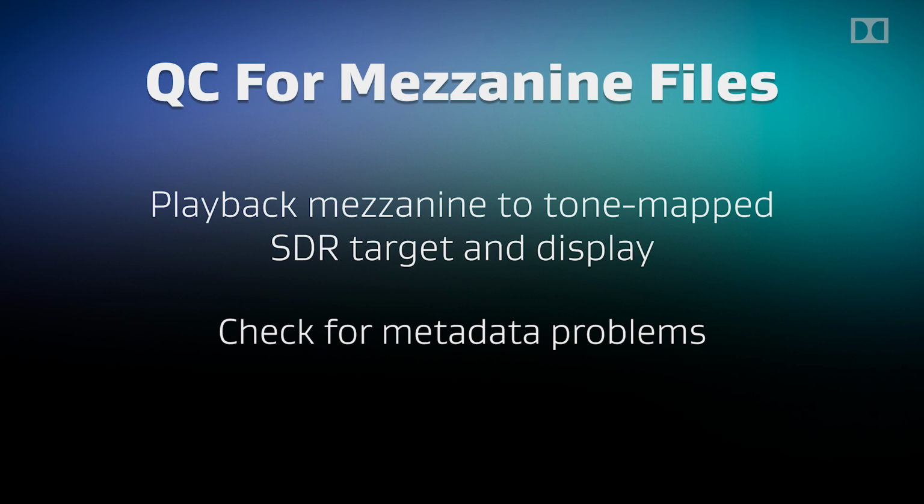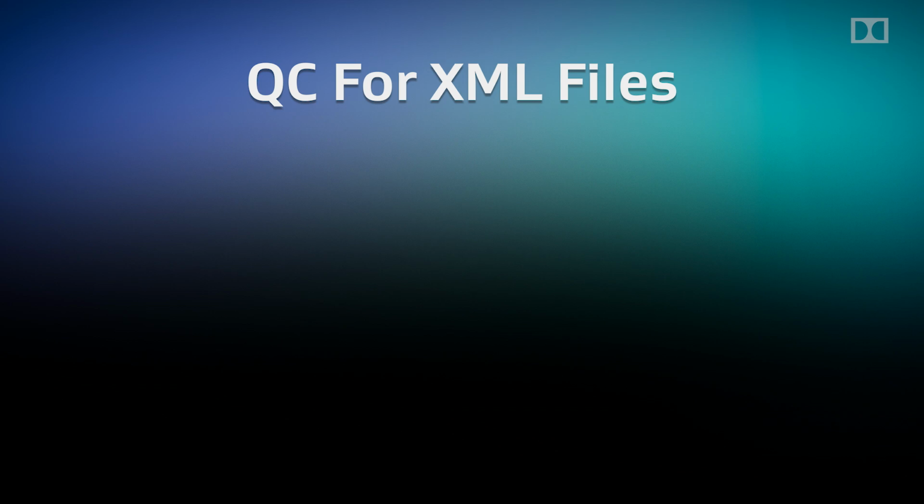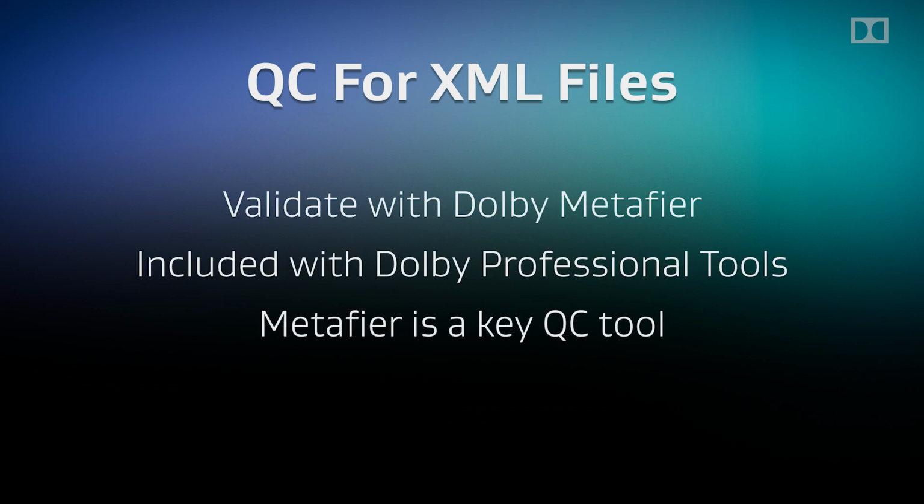No matter how you export your Dolby Vision master, you should perform a validation check on the XML of your metadata. Dolby Vision XML can easily be validated using Metafire, which is a part of the Dolby Professional tools. Metafire checks the XML file to ensure that it meets spec, and you should consider using Metafire as a standard QC step. So let's run Metafire to verify our XML.